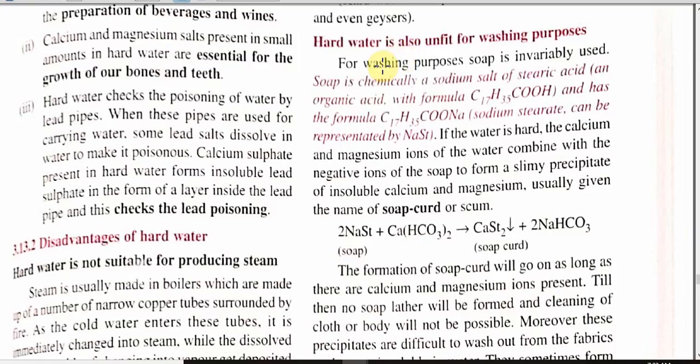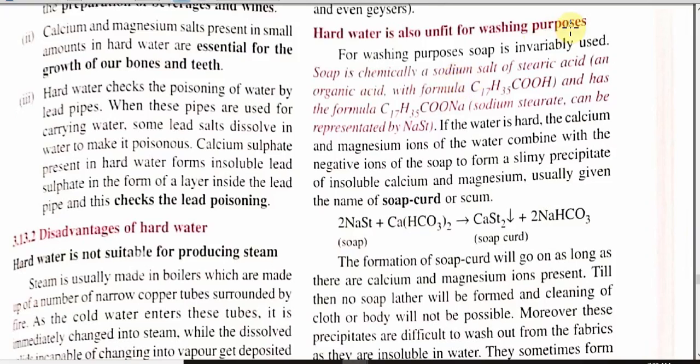Again, hard water is also not good for washing purposes because it uses a very large amount of detergent or soap. So it is just wasting the soap and our precious water.